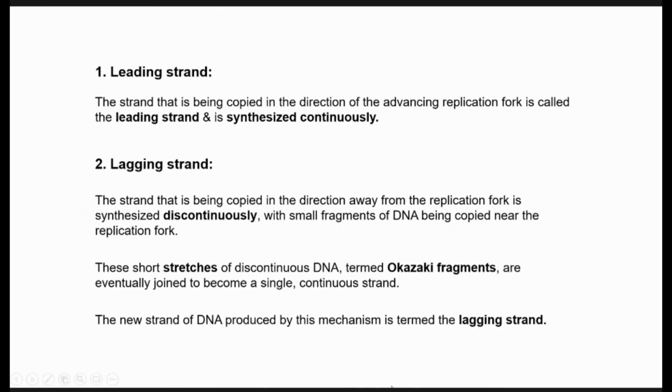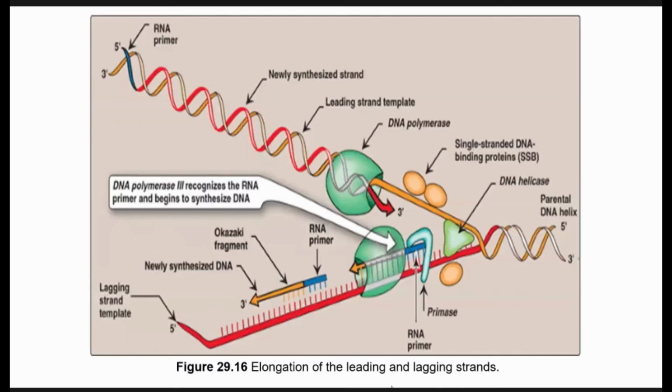So there is another piece of information. We have what we call a leading strand and a lagging strand. Lag in English in general means behind. If you look at this image, focus carefully. I am going to point out the yellow.